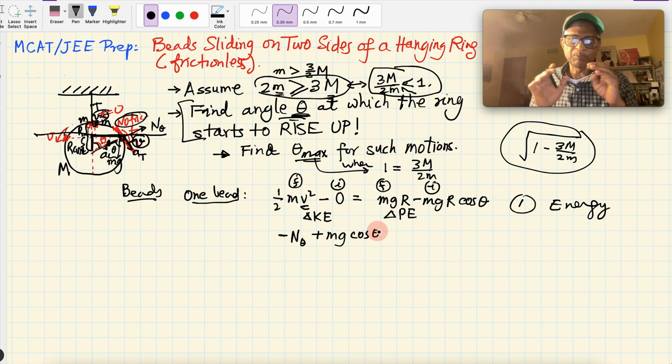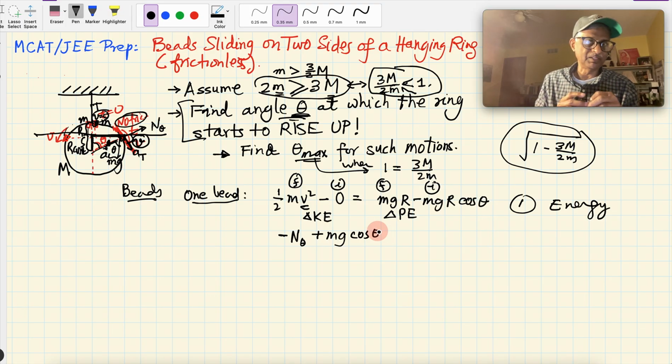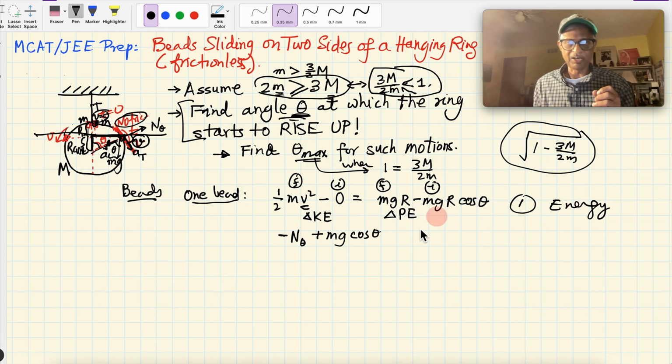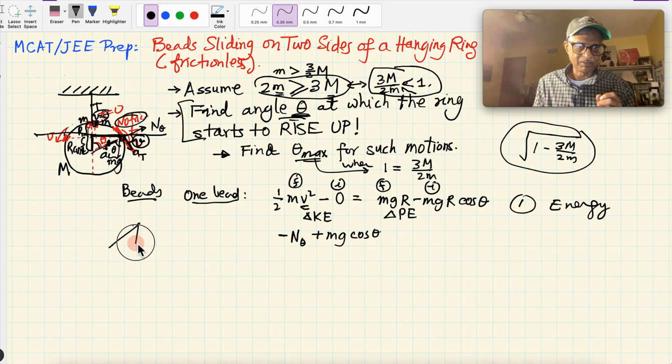Do you understand this? Because I'm not going to keep doing this from scratch; several videos back, I showed how we get these components. So if this is mg and this is theta, then its component is going to be mg cosine theta.